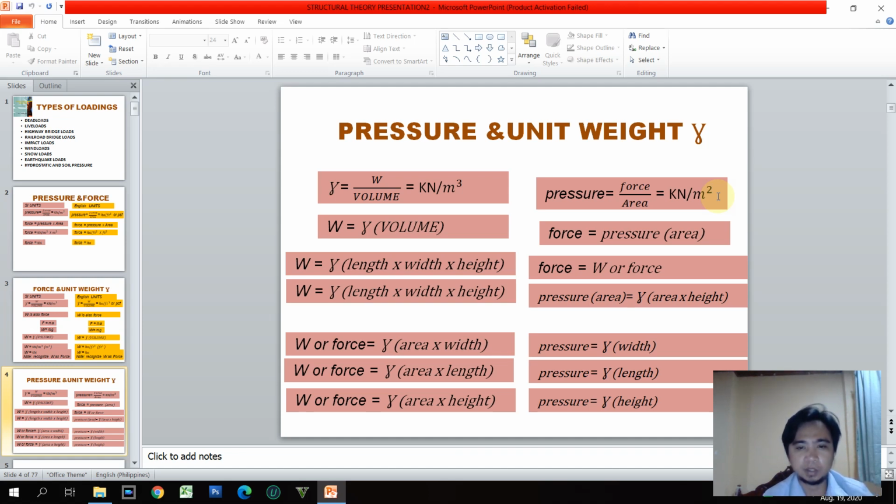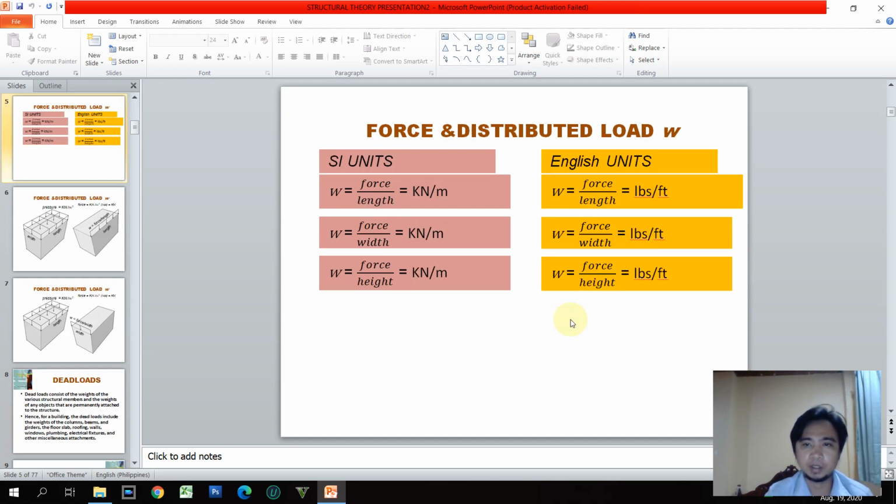It could either be width, length, or height. So I hope that is clear. Okay, so those are the basics that you need to know, because later on in the calculation of these forces, that knowledge will be essential in the derivation of the loading.